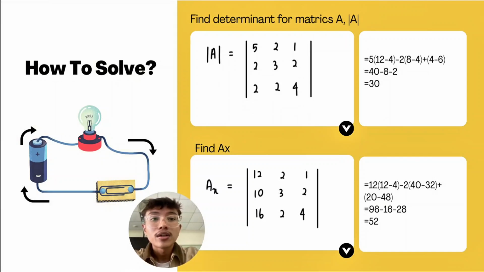The matrix we have here is row 1: 12, 2, 1, row 2: 10, 3, 2, and the third row: 16, 2, 4.